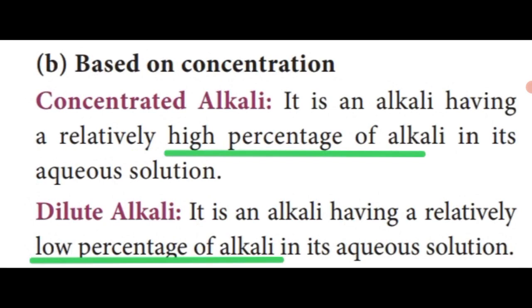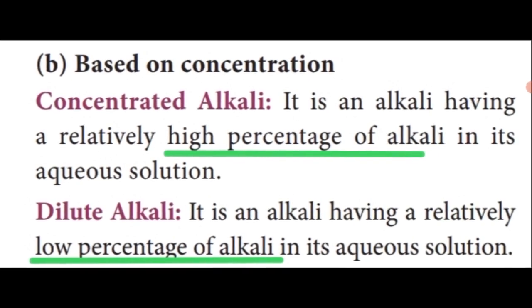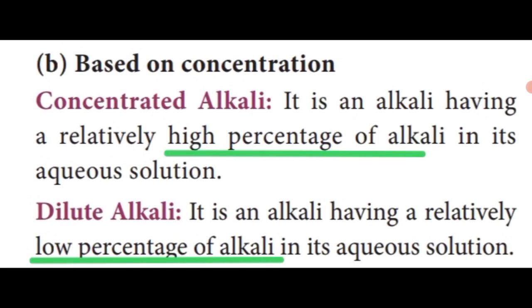Next, classification based on concentration. Based on concentration, bases are classified into two types: concentrated alkali and dilute alkali. What is an alkali? Already we know water soluble bases are called alkalis. A concentrated alkali has a relatively high percentage of alkali in aqueous solution.